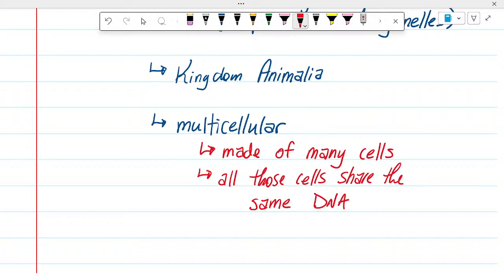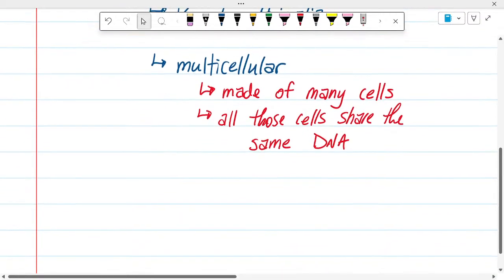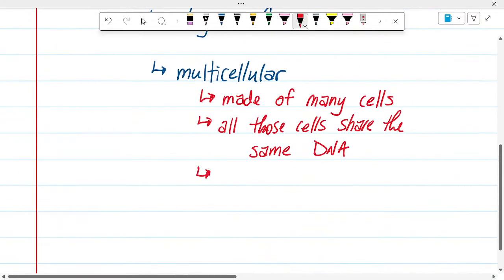What's the difference? Why do we consider an animal multicellular? Because it's made of a bunch of cells that all share the same DNA. But those bacterial colonies we looked at under the microscope aren't considered multicellular despite the fact that they are also a big group of cells that all share the same DNA.